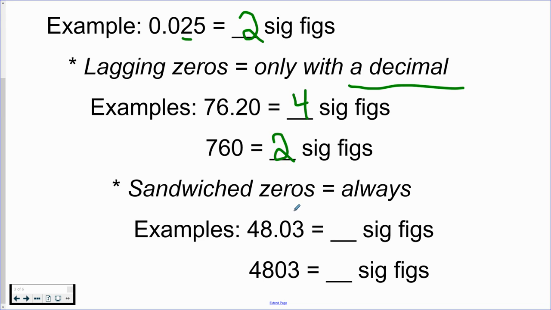So what's in between matters. That's the key. What's in between matters. So this one has a decimal place. It doesn't matter. That sandwich 0 counts. So we have 4 SigFigs. On the last example, we also have 4 SigFigs because sandwiched zeros count.